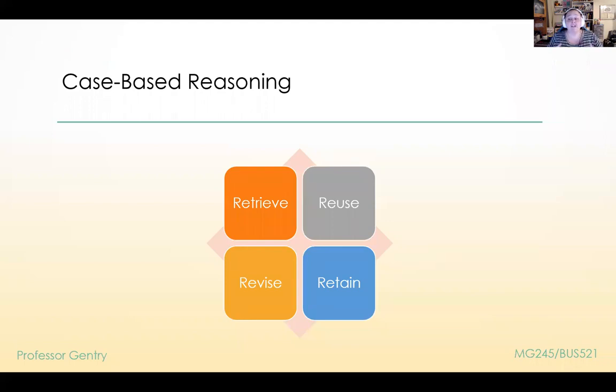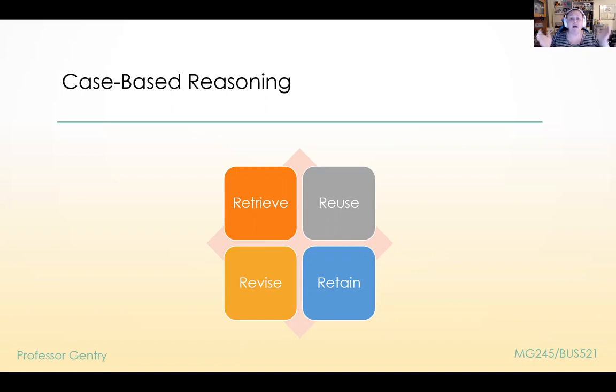Design and implementation of case-based reasoning, you've got 4 R's. First, retrieve. The algorithm is going to retrieve the problem solution combination that most closely resembles your new problem. It's going to reuse, okay? The problem solution combination most closely resembling the new problem is then going to be reused to find the solution to the new problem. Okay, revise.